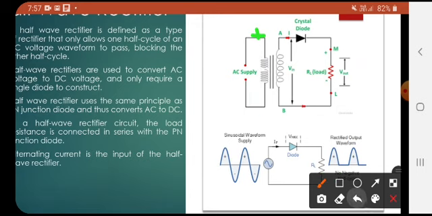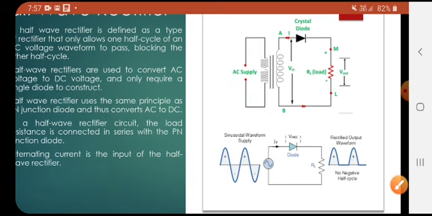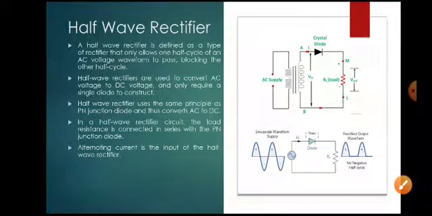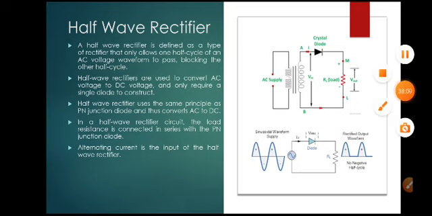When the next half cycle is passing through the diode, this connection is minus and this connection is plus, so it is reverse bias, there is no signal, so no output. So this diode conducts current only in one direction, the positive direction.